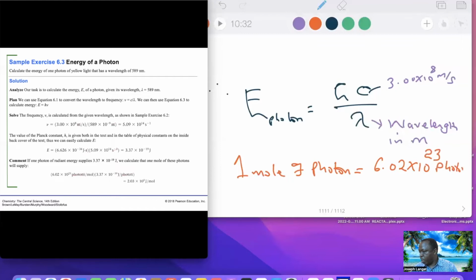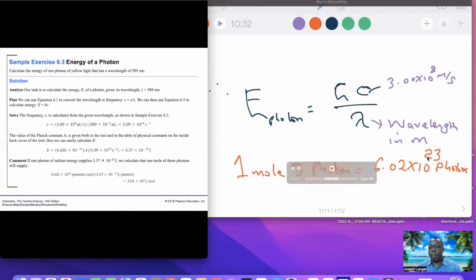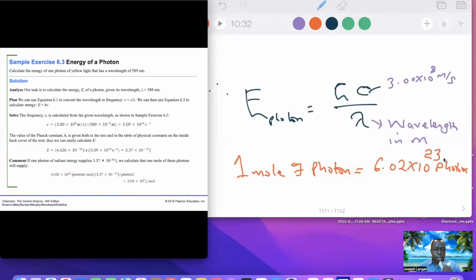Why am I bringing this up? Because if this is the energy of 1 photon, you may be asked for the energy of 1 mole of photons. That means you multiply this value by the Avogadro number to get the energy of 1 mole.